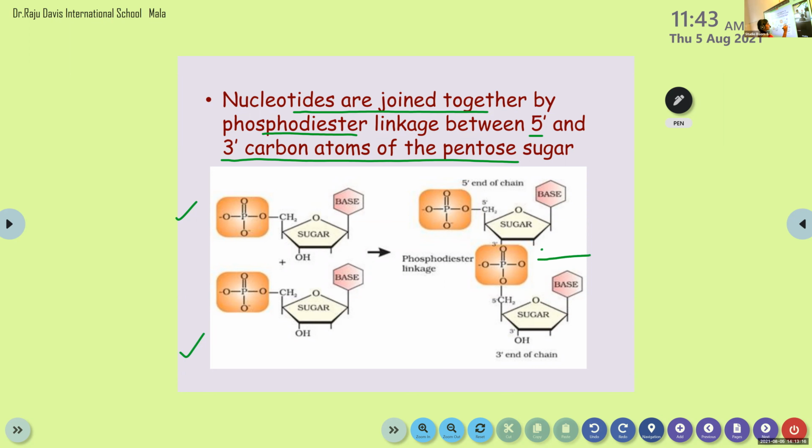This is the phosphodiester linkage between these two groups, between the 5' position of one nucleotide and the 3' position of another nucleotide.